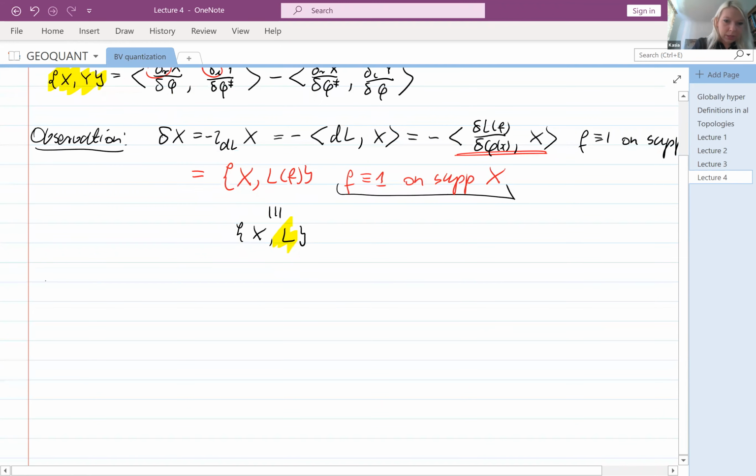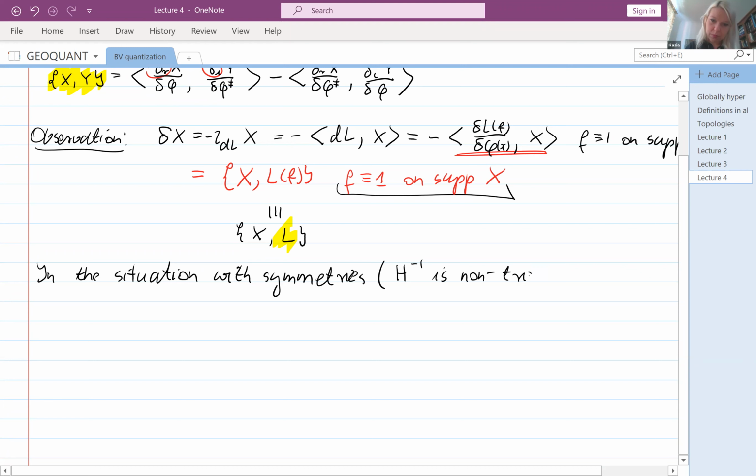In the situation with symmetries, which we described in terms of our differential complex as H minus 1 being non-trivial, what we do is replace our configuration space that we started with by something graded, a graded vector space.